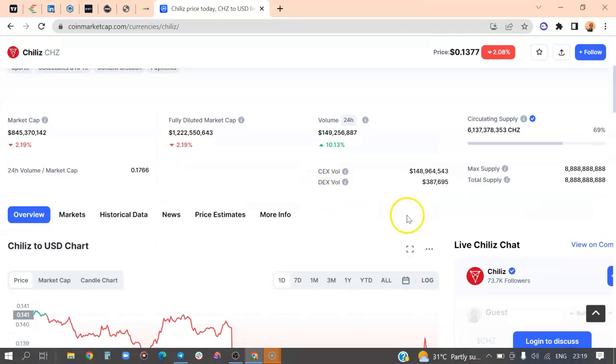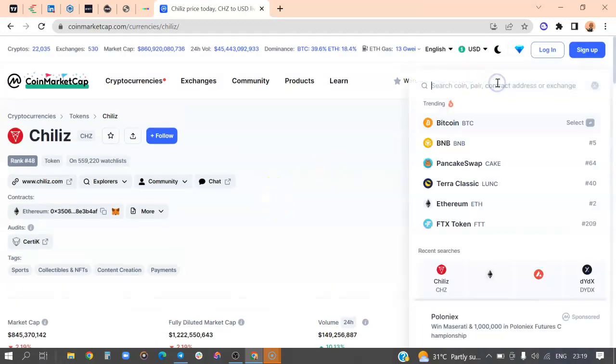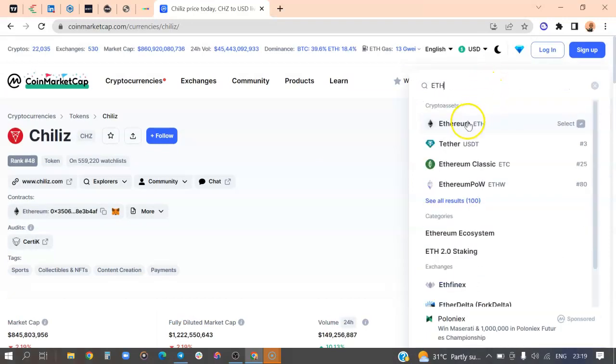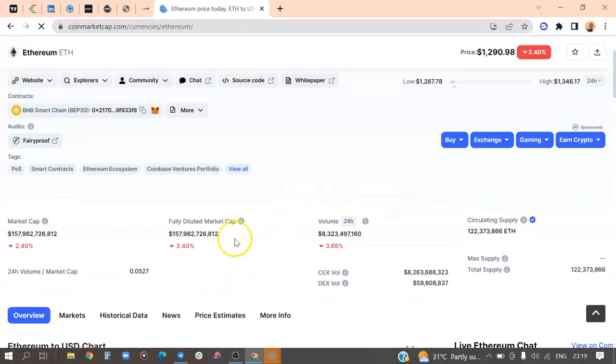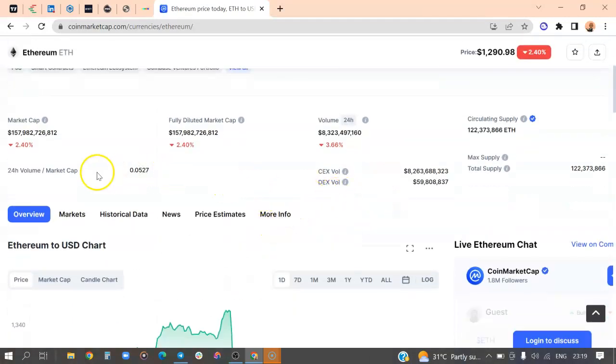It shows a lot of interest, because when you look at Ethereum, and you check the volume to market cap ratio, what do you see? 0.05, not even up to 0.1.